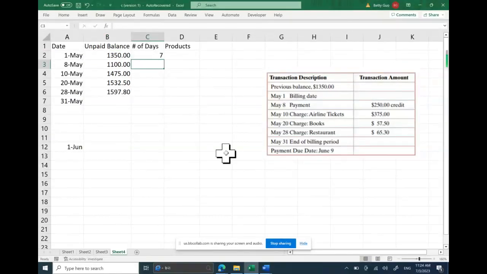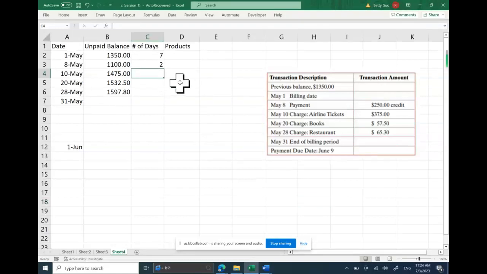And from May 8th to May 10th, you remember the trick: 10 minus 8, what is 10 minus 8? 2, right? May 8th, May 9th, 2 days. This balance stays the same. On May 10th, the balance went up because you spent the money to buy the ticket.